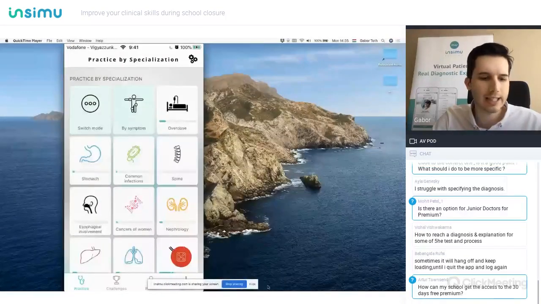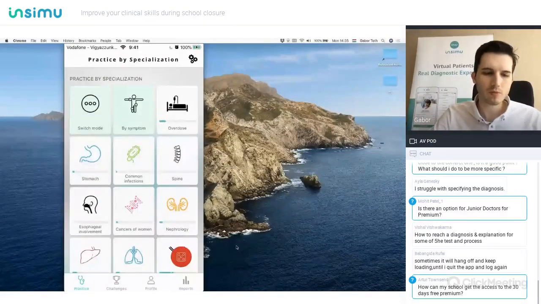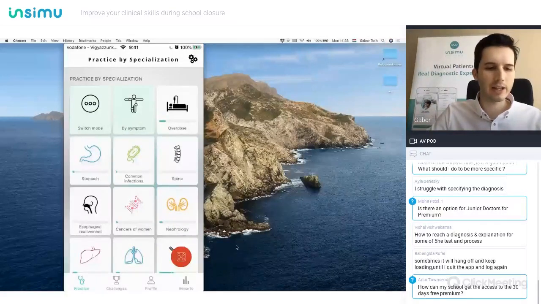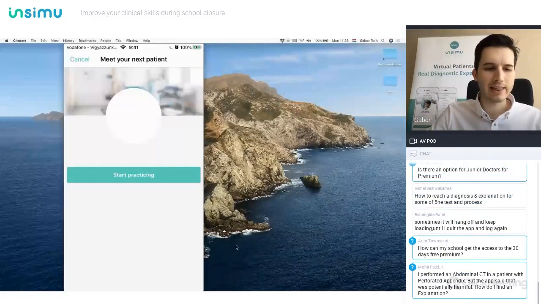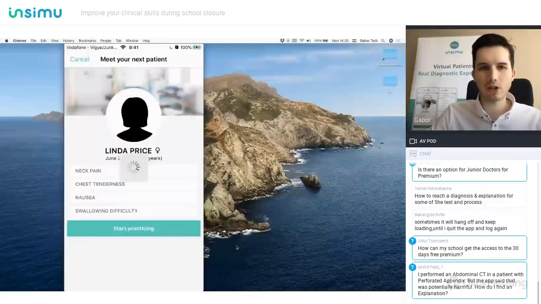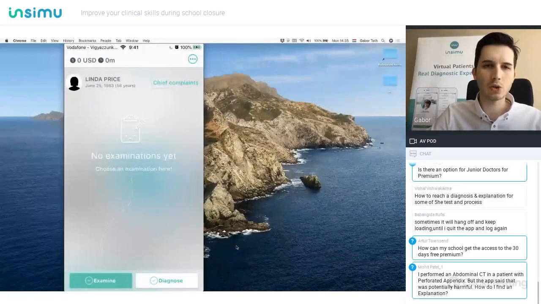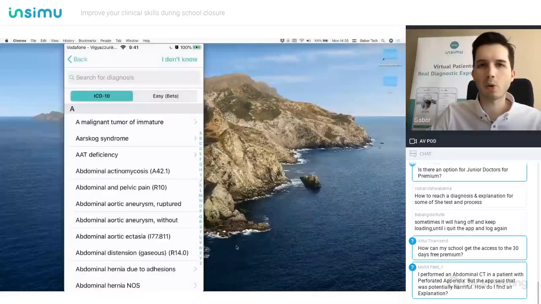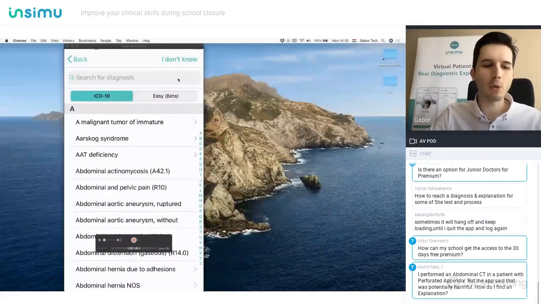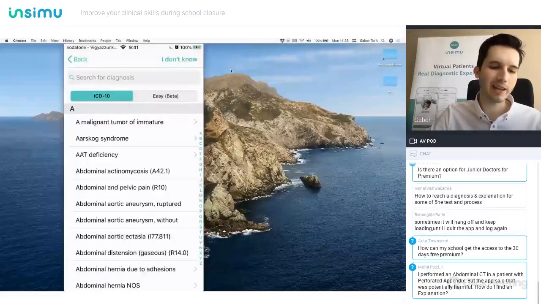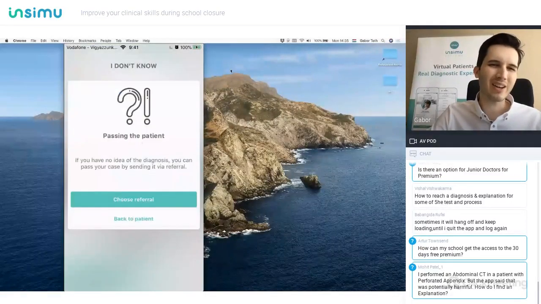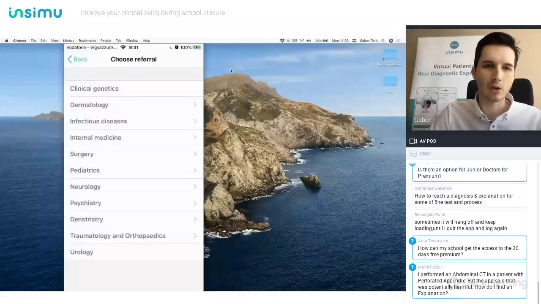So as you see, if I start with a new patient and I think I don't have time for this patient, I can just go and diagnose, or in the upper right corner there is the I don't know button, which is practically giving up, but you cannot actually pass a patient without sending it to a referral, so to a specialist.